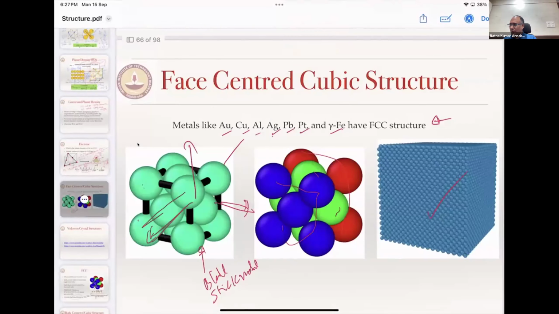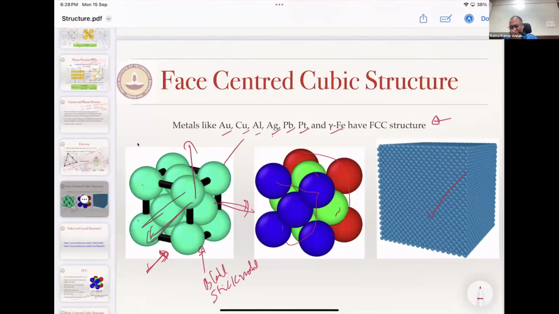If you look at this unit cell, how many atoms are there? 14 atoms. Effectively, how many are there? 4 atoms. Why?